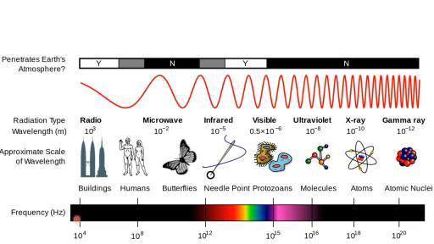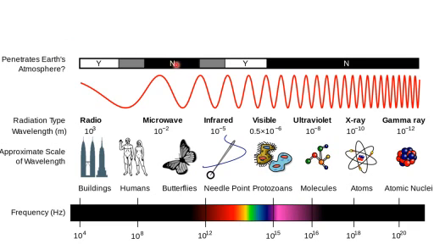Radio waves we can't see. Microwaves we can't see. Infrared we can't see unless we have a special tool. Same with ultraviolet. X-rays, gamma rays we also can't see. And you see here the bigger wavelengths go red, and then it shifts all the way down to purple, or red to violet.